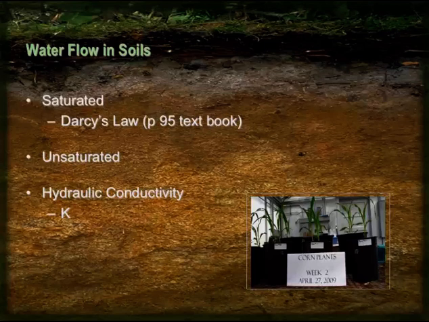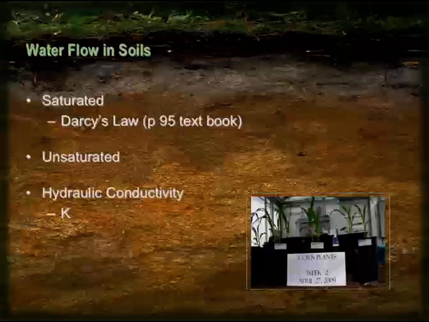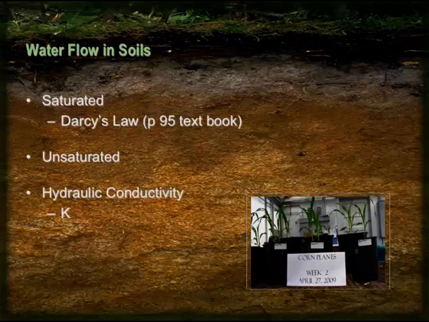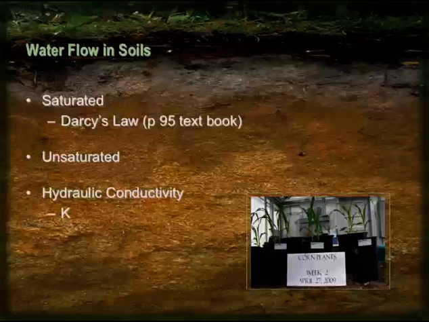I think they go through various cycles of saturated and field capacity and unsaturated. And so this law, Darcy's law, only applies to saturated flow. More realistically, we have unsaturated flow, which is basically soil that's in various states of saturation, either close to saturation or very dry, and we try to understand the flow in this unsaturated condition.